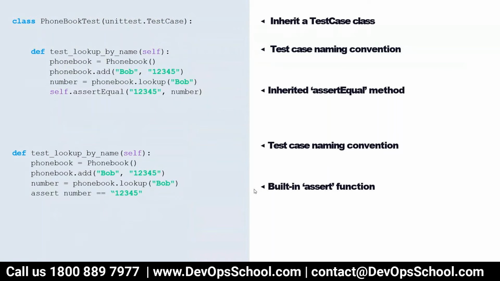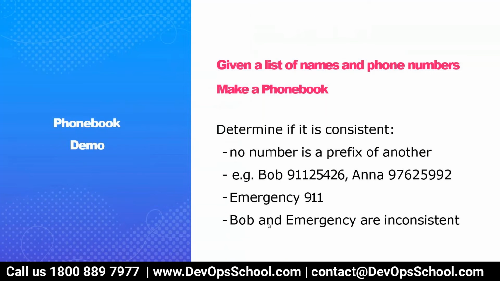Here we inherit the TestCase class, and the second block you see is again a function, and the third block is also a function. Each def block is one function checking a different scenario. The first method is: no number is a prefix of another, for example Bob and Anna. That's the first scenario.